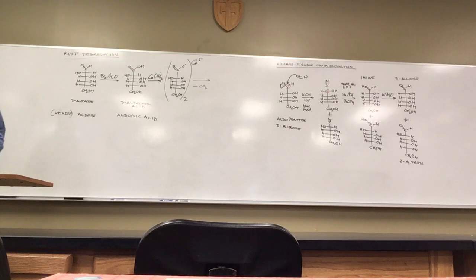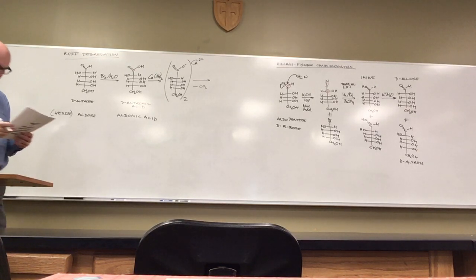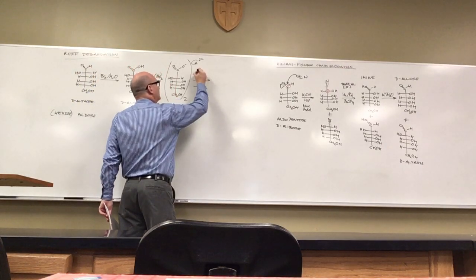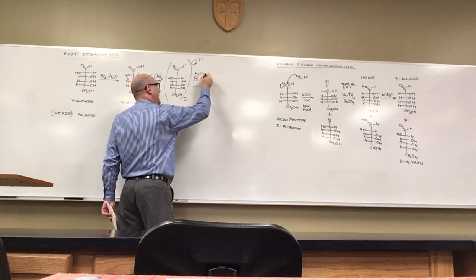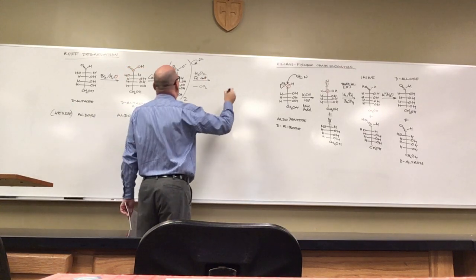This particular step is tricky, and we're definitely not going to show the mechanism for it. This is going to use hydrogen peroxide and an iron catalyst. It is a radical reaction of some description.